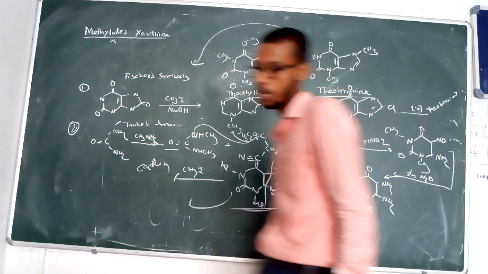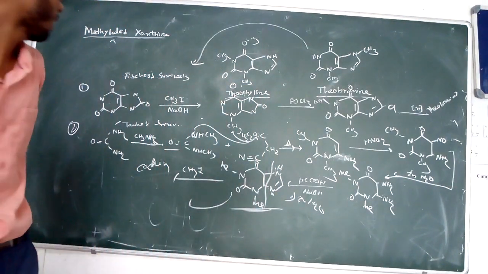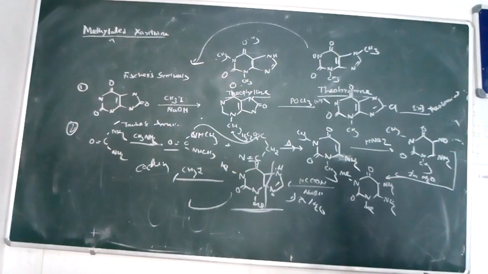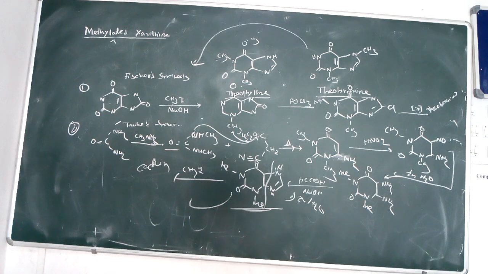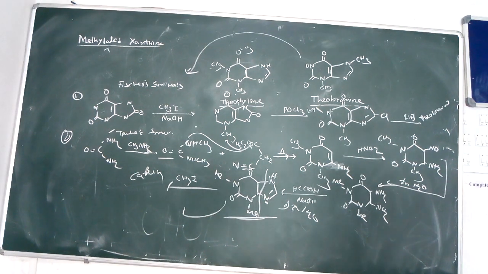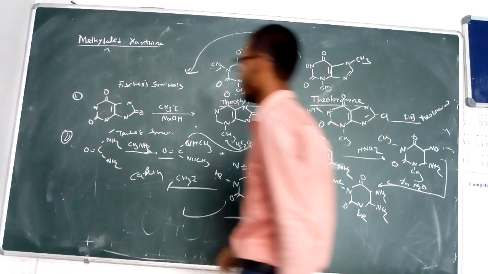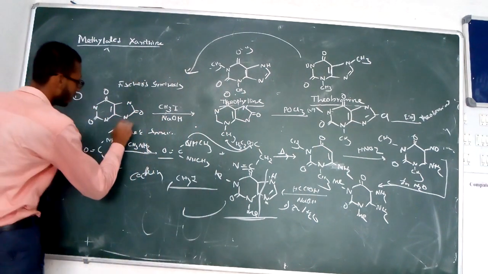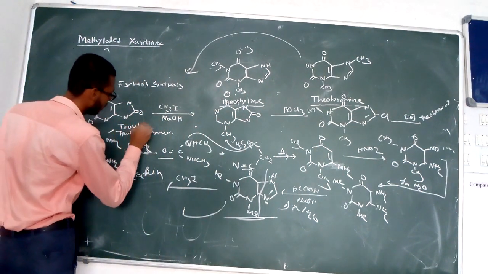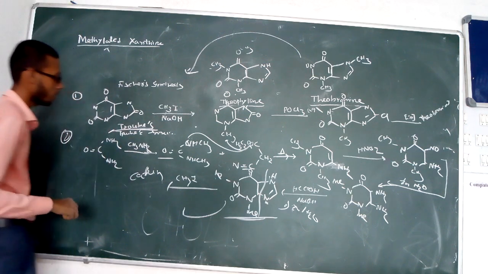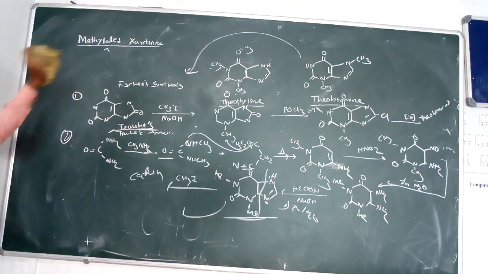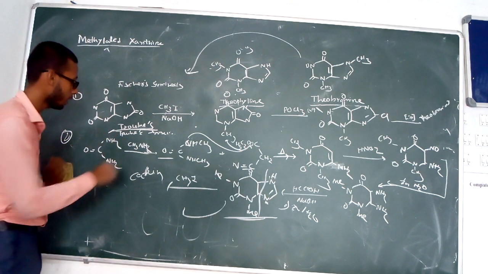This one is the Fischer synthesis method, and in the Traube synthesis method, the spelling is Traube. This one is the Traube synthesis method. The urea is methylated.